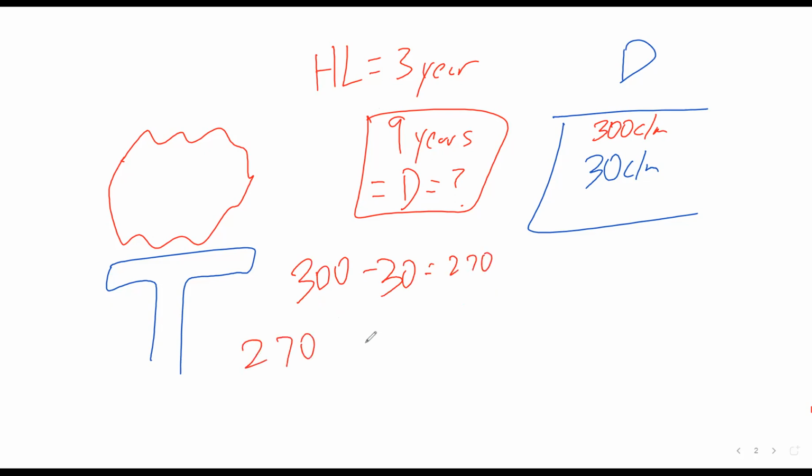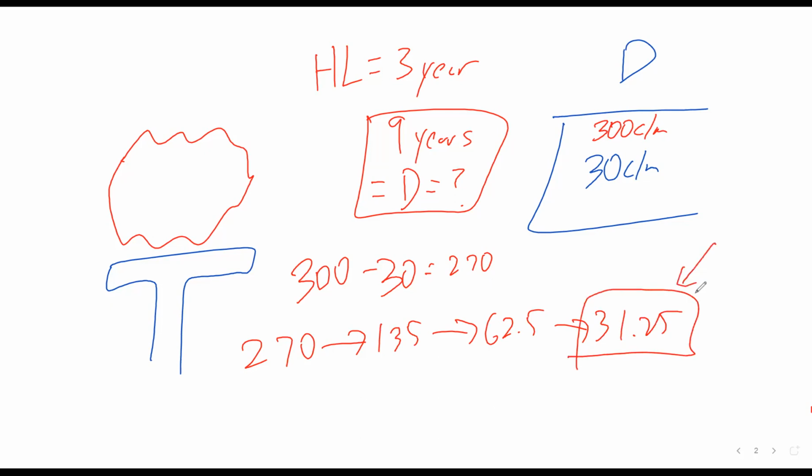This 270 will go through the decay, which is going to be 135, then 67.5, and then 33.75. Then this is not the final answer. A lot of students are stuck here already. After that, you add back the 30, which means at the end of the day, the detector is going to read 63.75.